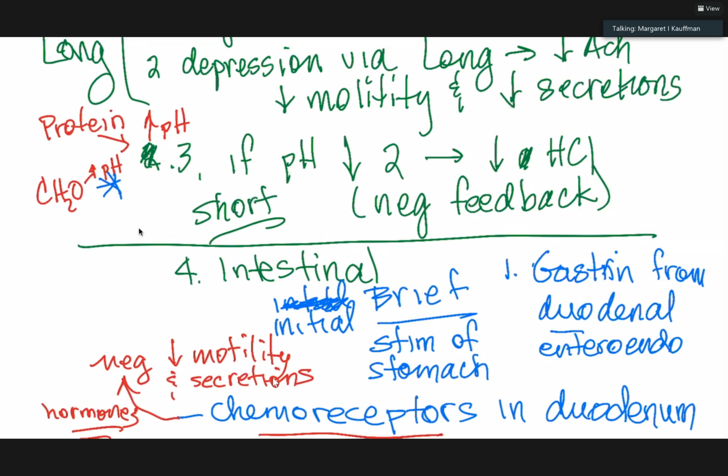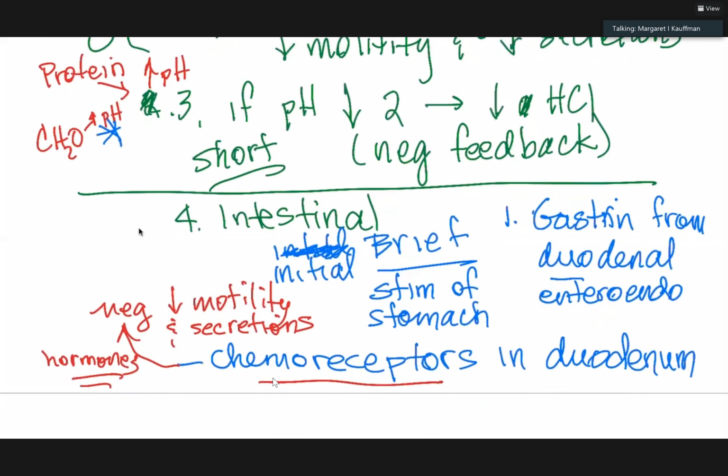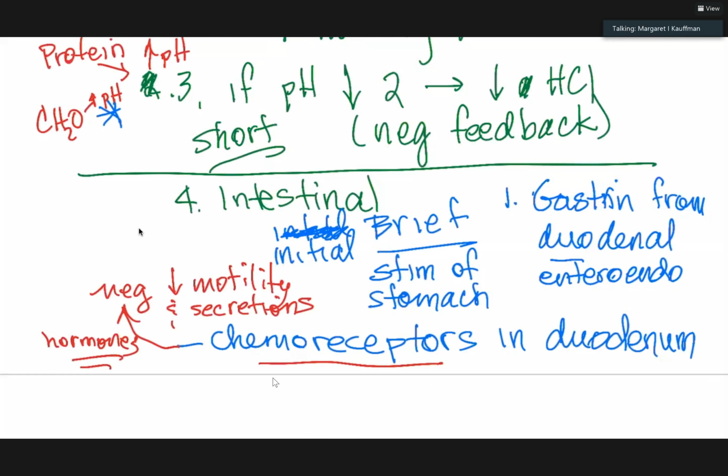And through short reflexes, will keep the food in the stomach a longer time. And that's kind of one of the ideas of having a very protein-rich diet for weight control.